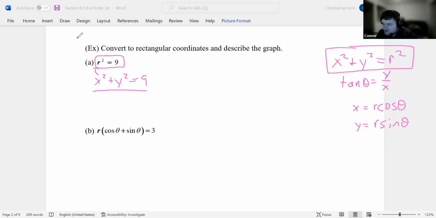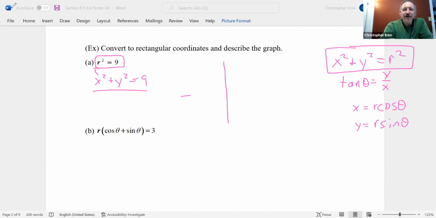A circle with radius 3. Nice job, Connor. Yeah, so it looks a lot more familiar probably in its old Cartesian coordinates form, right? It's sort of like the distance formula, right? So x squared plus y squared is equal to the distance squared. So that really says, if I take the distance between the origin and the point, I'm going to sweep out 3.